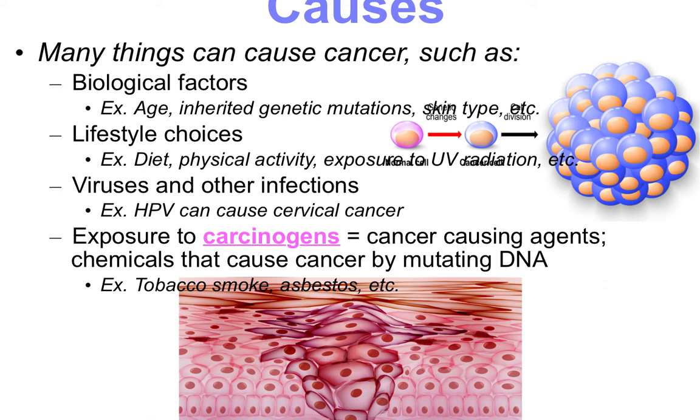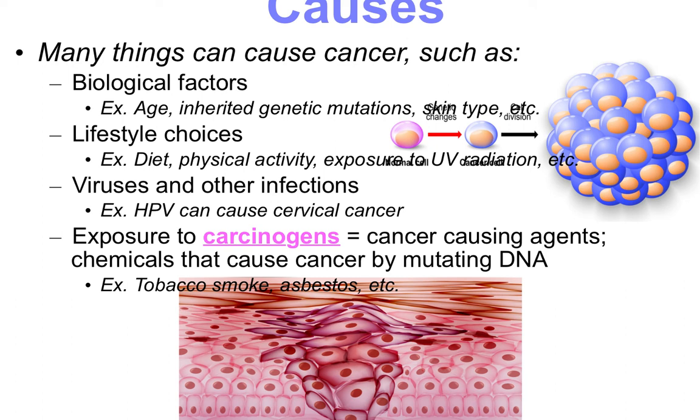It can be lifestyle choices, like the foods that you eat, or your physical activity, lack of physical activity. Sometimes it's the exposure to UV radiation, like UV radiation from the sun, like not using sunscreen. Believe it or not, there are viruses and other different types of infections that can cause cancer.